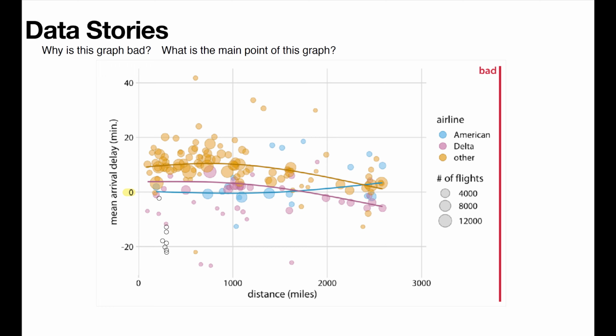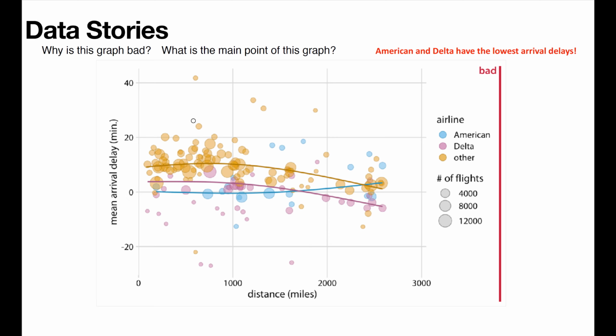So actually anything prior to zero is an early arrival. We might be led to believe that there is something wrong with American Airlines and Delta Airlines on-time performance, but in fact, a more careful reading of this shows that they are actually early a great deal of the time. And they are not as late as some other airlines.